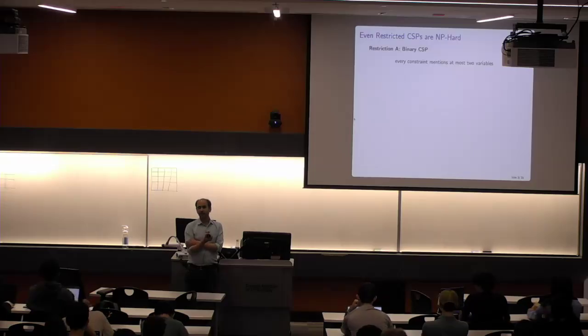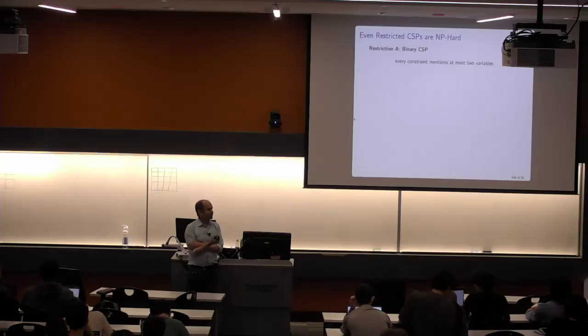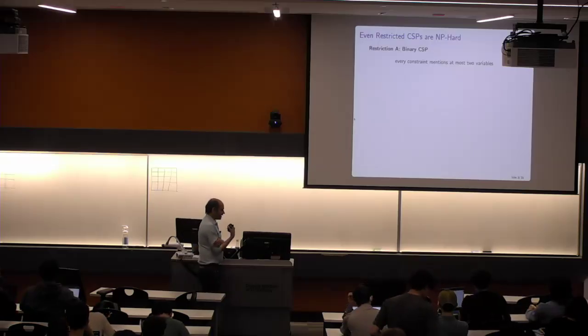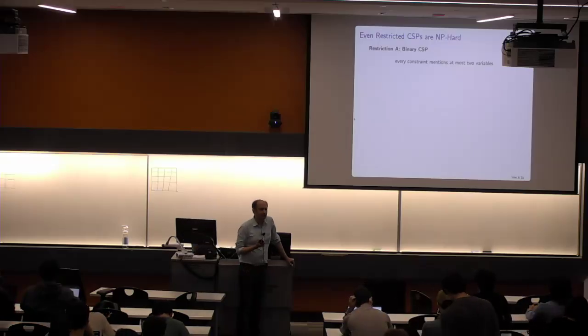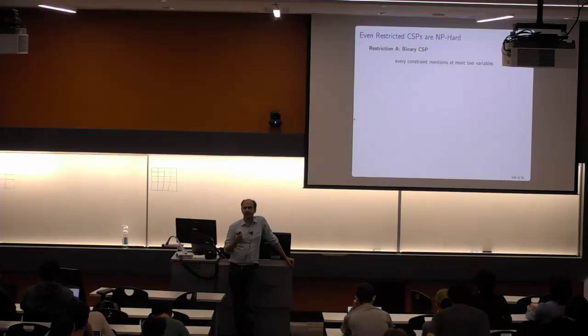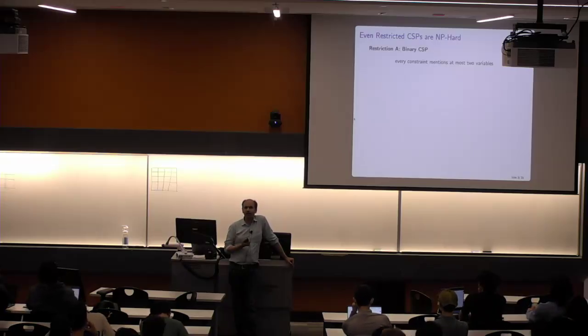Even though they might look very simple, they can be very hard algorithmically. What do I mean by that? If I give an assignment, then checking whether the assignment satisfies all the constraints is very simple, right? You substitute the value in every constraint, and then you check whether it satisfies or not. But finding an assignment that satisfies all the constraints may be very hard.